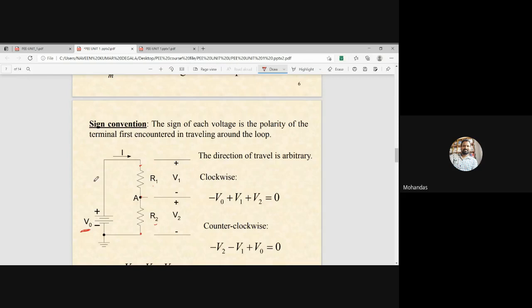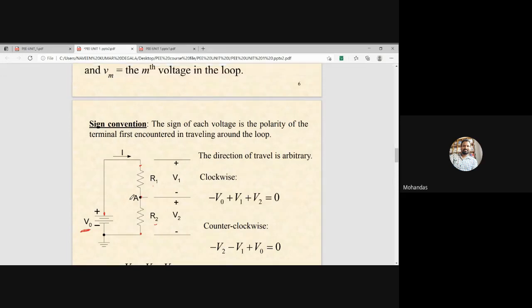This loop starts from here, is connected to R1 and R2, and again goes to the source. So we can say it is a loop. While writing the sum of all voltages, as it is an algebraic sum, we have to follow the sign convention.